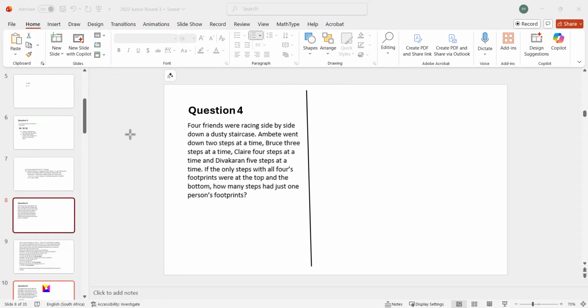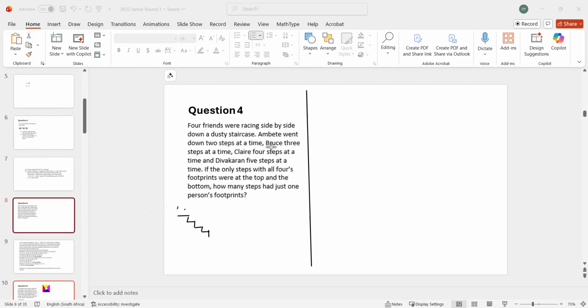Four friends were racing side by side down a dusty staircase. So you've got a staircase. I don't know why it's going to be dusty.